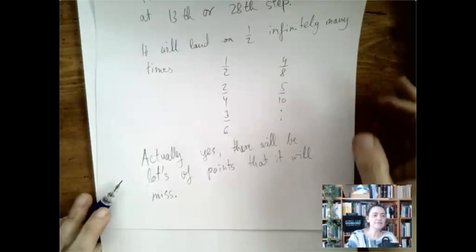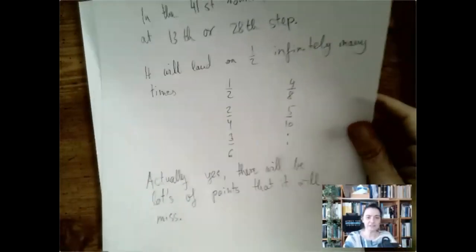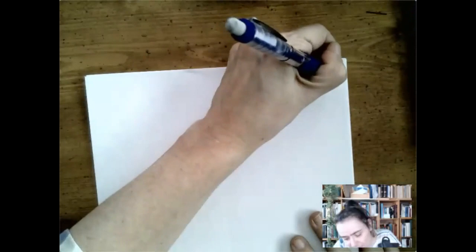Actually, there are infinitely many numbers that it will miss, and infinitely many that it will hit, and infinitely large sets are hard to compare, but there is a way to compare them, and then the points missed are much bigger than the points hit. That's the second shock. So let's set this aside and we will return here. Thank you to the one person who bothered to talk to me on this one.